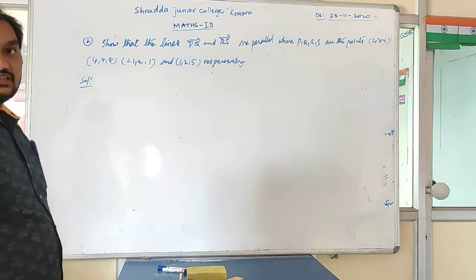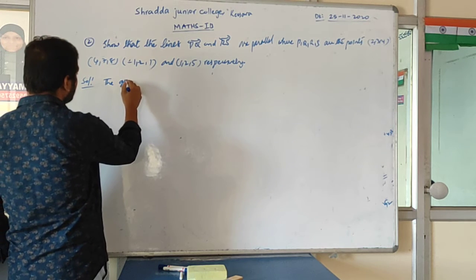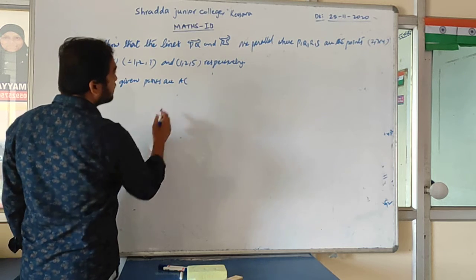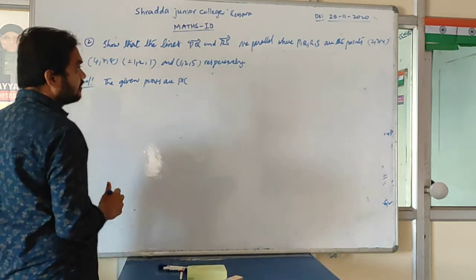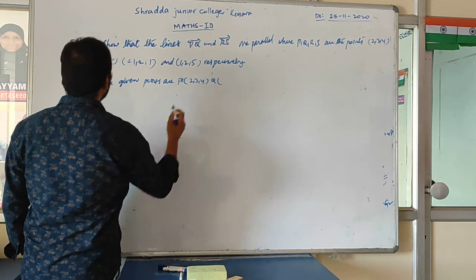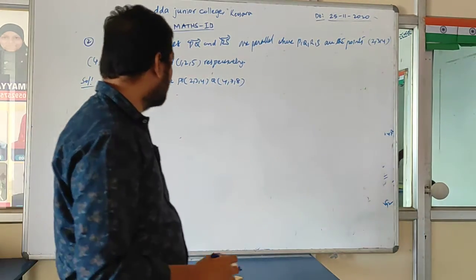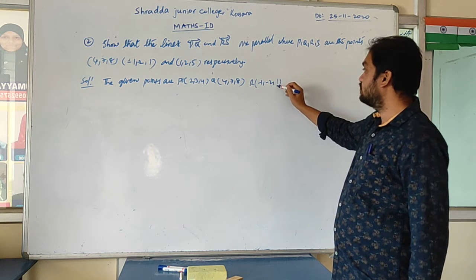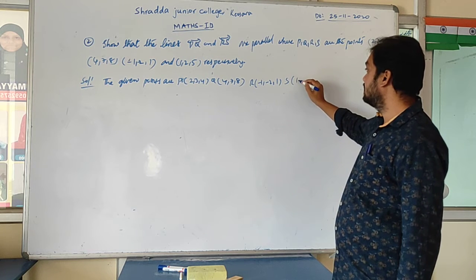See here, what is given here? The given points are denoted by some letters. Take this as P. What is the first point? That is 2, 3, 4. And the second point, that is 4, 7, 8. And what is the third point here? -1, -2, 1. And next, what is the fourth point?